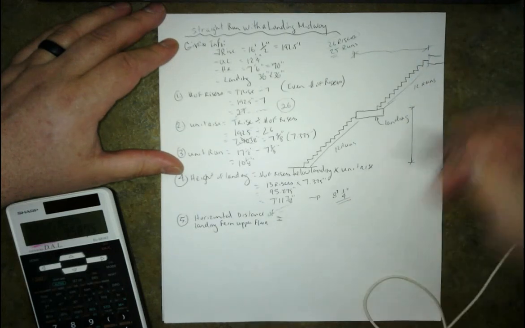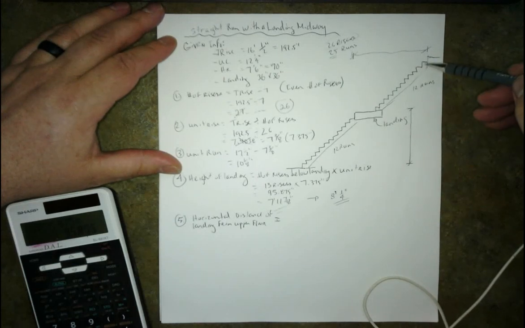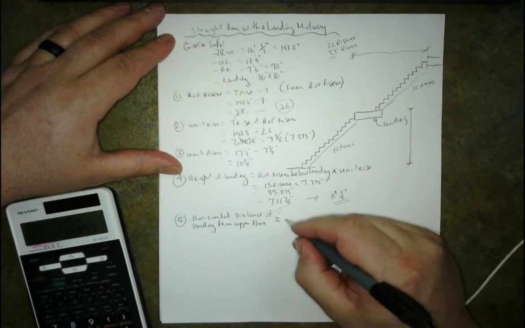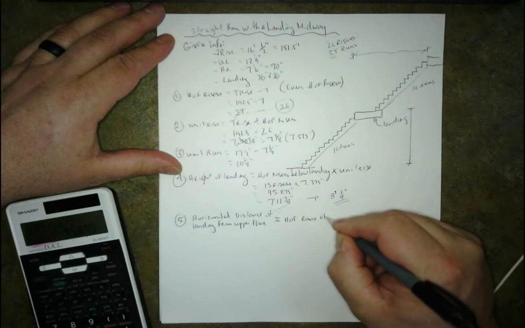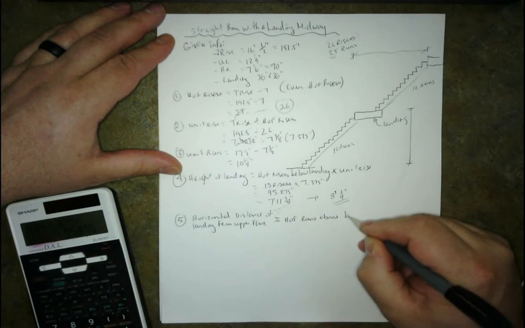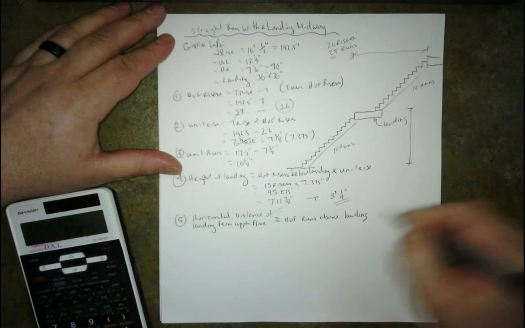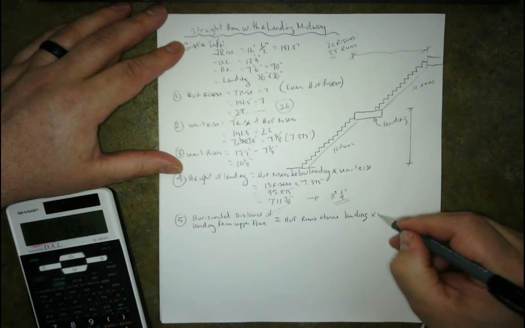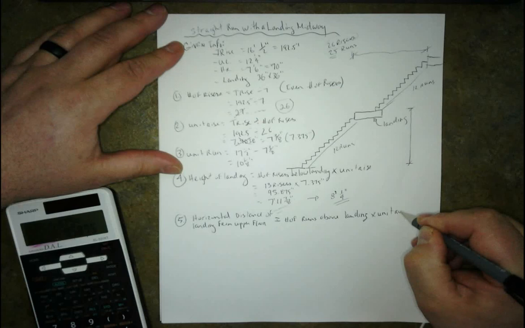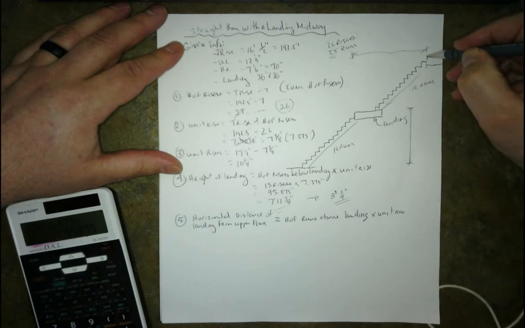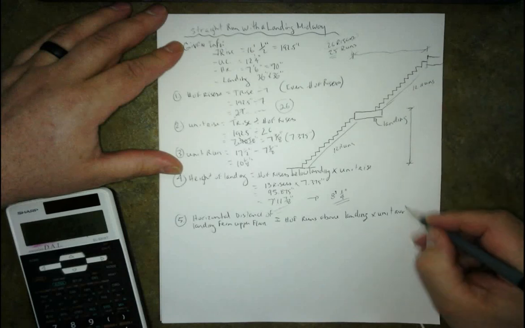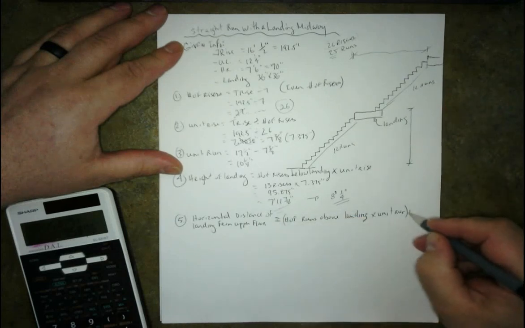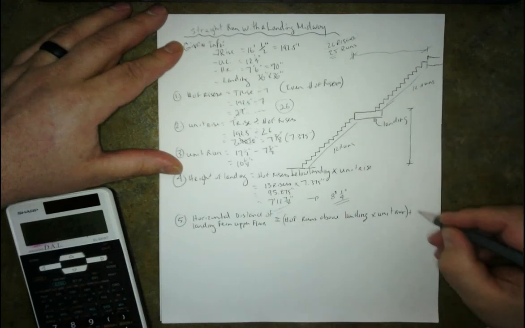One way we could tackle that is we could look at the number of runs above the landing, and then from there multiply that by the unit run. That's going to give us the distance from here to basically there, right? Put that in brackets, and then add on the landing.